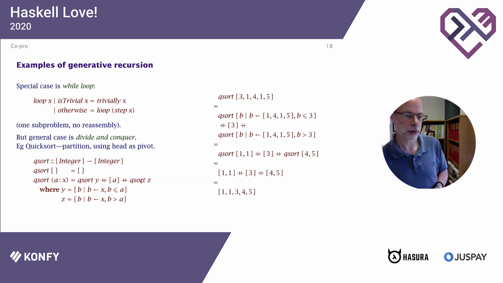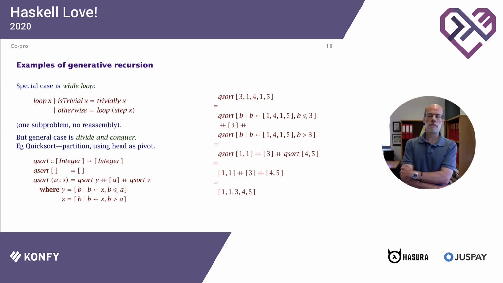So this whole thing is sorted. So that's generative recursion. It splits the problem into two subproblems, Y and Z, when it's non-trivial, does a recursive call on each of them, and then assembles the results using append.